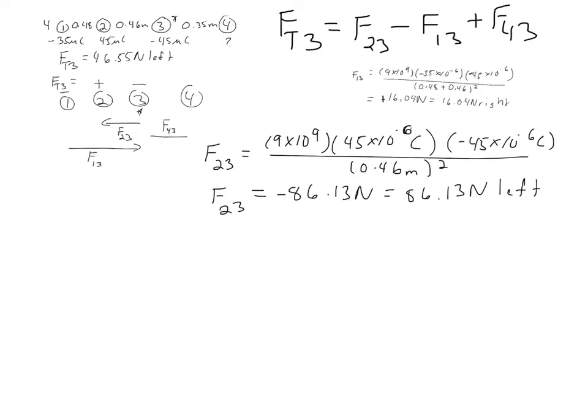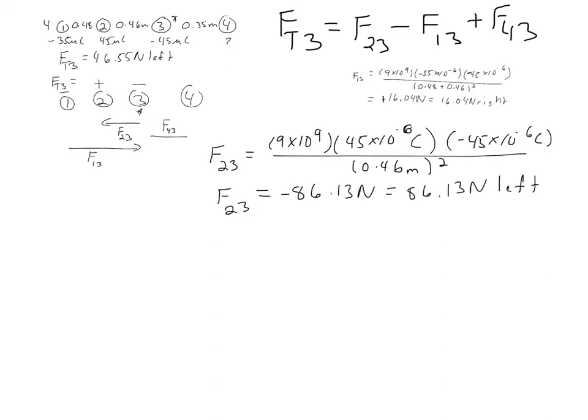Let me shrink that down. Oh, and we're shrinking that down up there too, so that's really tiny. So now our last step here, we're going to use our total force equation, Ft3 equals F23 minus F13 plus F43.